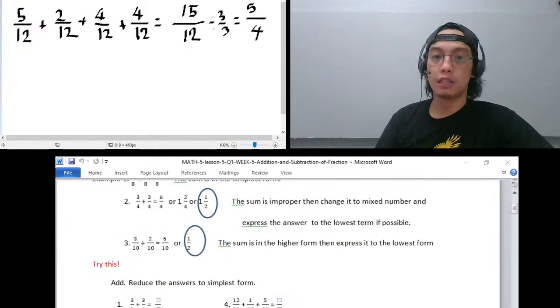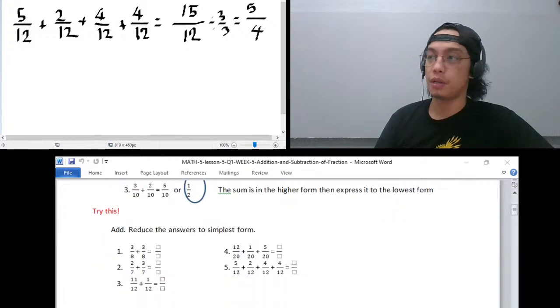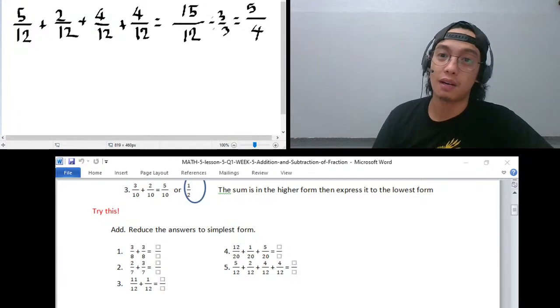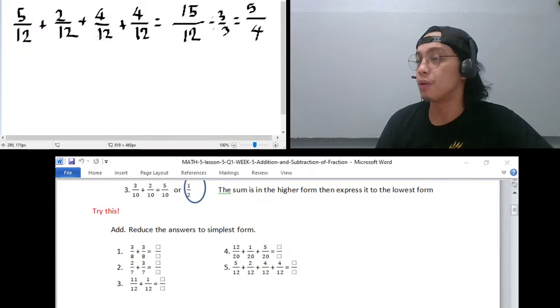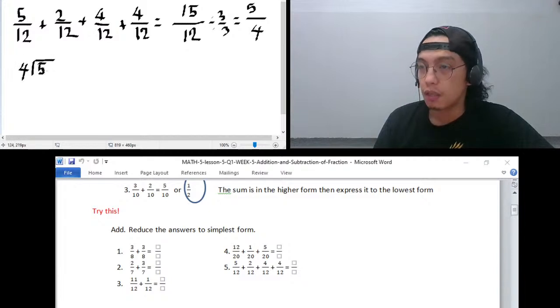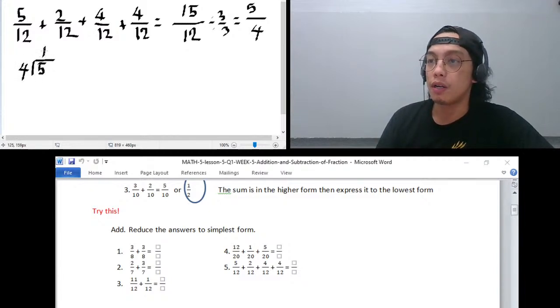The sum is improper, then change to mixed number. So, improper man siya kay 5 over 4. Mas dako ang taas kaysa sa ilalom. So, divide. 5 divided by 4 is 1. 1 times 4 is 4. 5 minus 4 is 1.